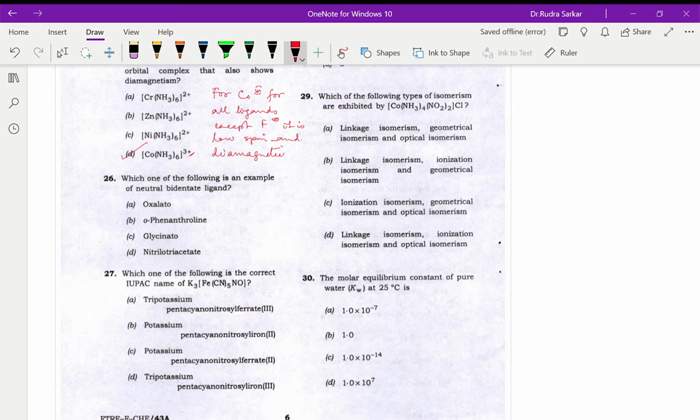26. Which one of the following is an example of a neutral bidentate ligand? So just draw the structures and you will get the answer. For oxalato, this is the structure of oxalato.